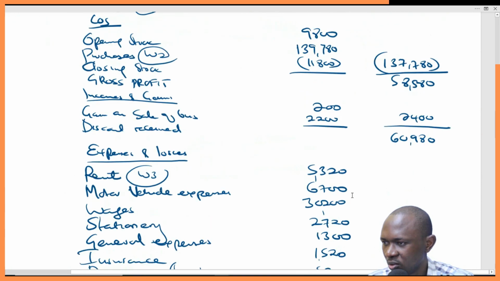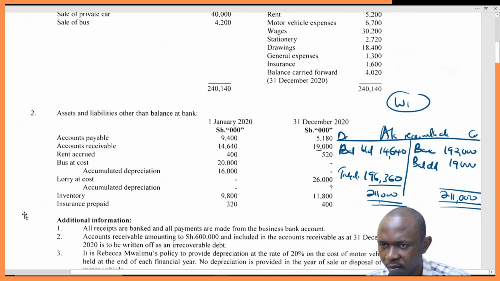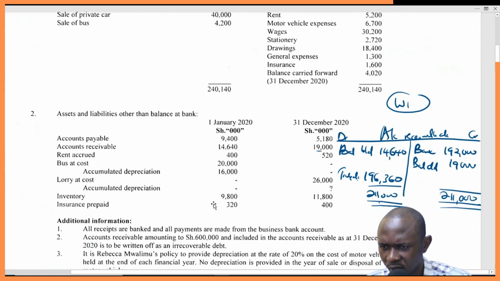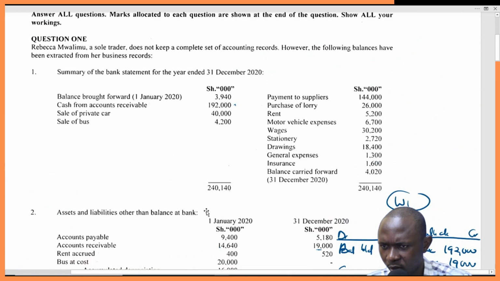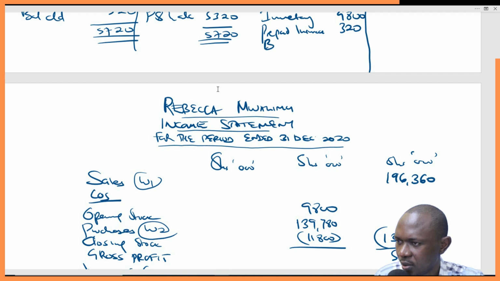So 320 on the asset side. I think we are done. Oh, sorry, there was something, the bank statement at 1st January 2020, 3940. So bank, we have 3940.